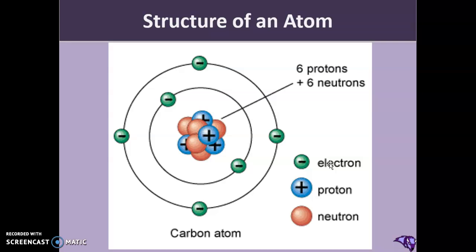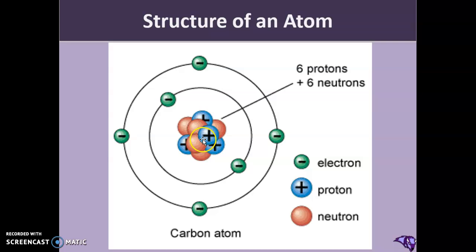Looking at the structure of an atom, so again, hopefully some review for most of you. If you're looking at just a generic diagram of an atom, you have your protons and neutrons inside the nucleus of the atom, so in the center. You have your electrons on the outer rings.